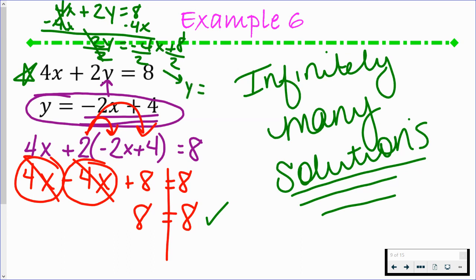Y equals, well, negative 4 divided by 2 is negative 2x. And then 8 divided by 2 is 4. So if you notice, if you put this first equation in slope-intercept form, you actually get the same equation. And if you watched my videos for graphing, I said more than once that when you're left with the same exact equation, you're going to have infinitely many solutions because you're going to have the same exact line.